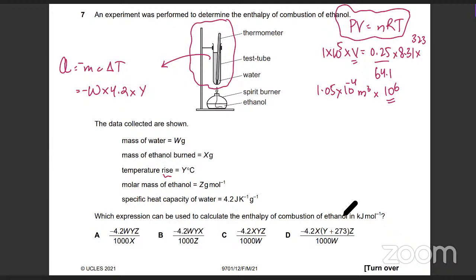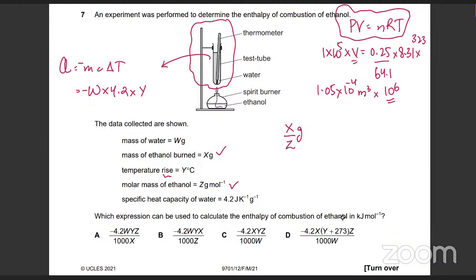Enthalpy of combustion of ethanol is for how many moles of ethanol? For 1 mole. So how many moles of ethanol did you burn? You burnt x grams of ethanol. In moles, what will it be? x divided by z, because z is the molar mass.